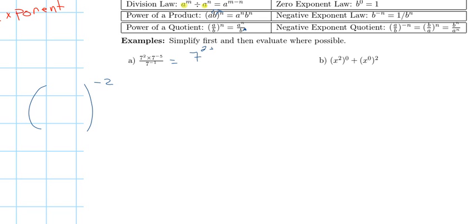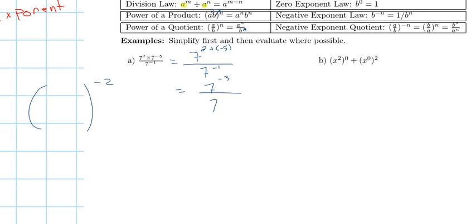And then I'm going to leave the bottom as is. What's 2 plus minus 5? Negative 3. So I have 7 to the power of minus 3 over 7 to the power of minus 1. Are we okay with that so far? You understand where we got the negative 3 from?